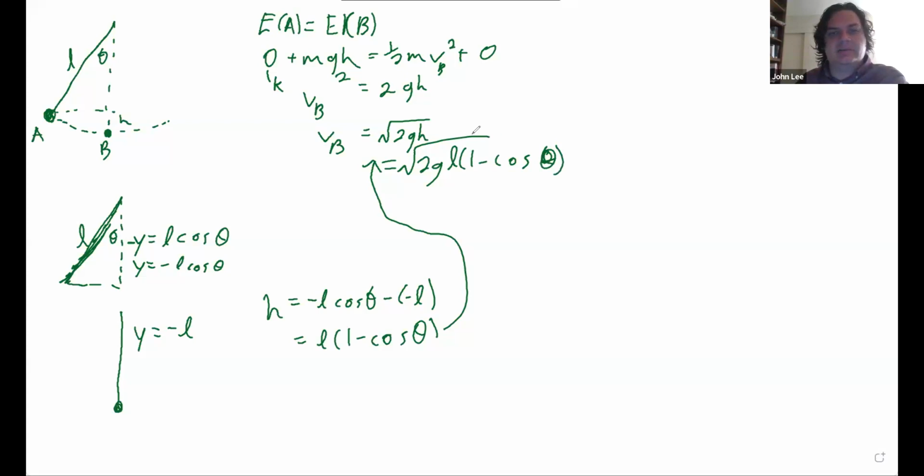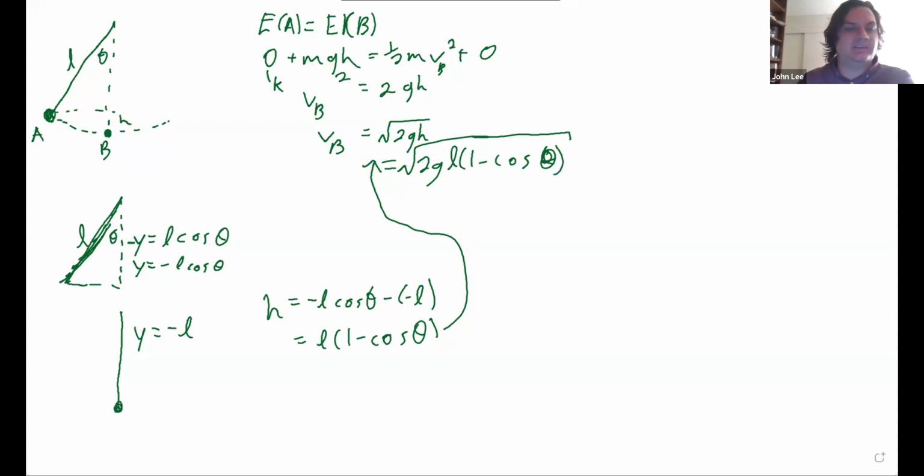Okay, so that's just a standard problem that I want to bring up because it's a standard problem. But this value that you get for a pendulum is pretty useful for future problem solving methods.